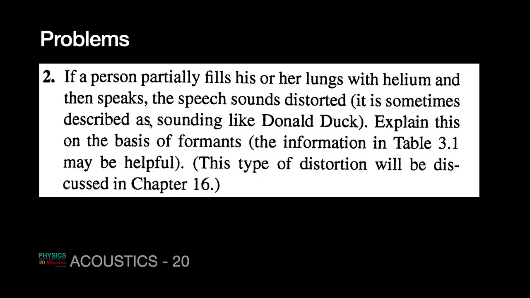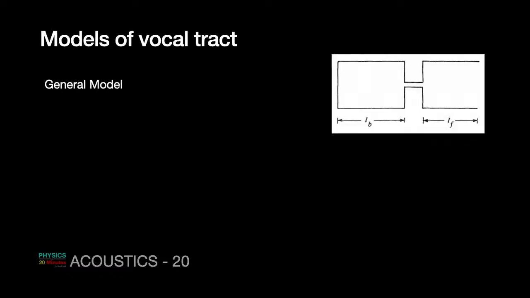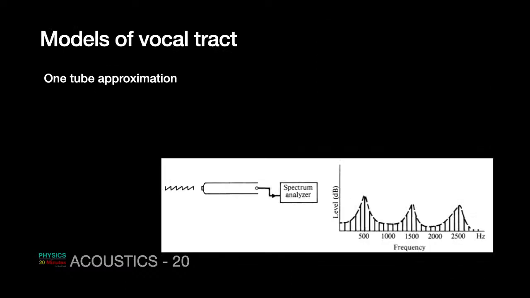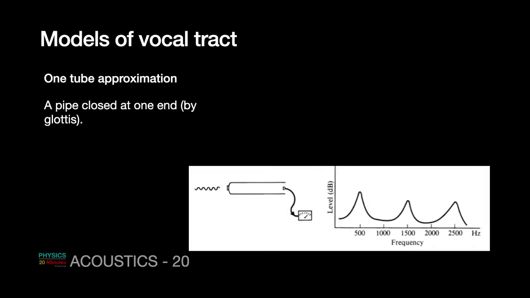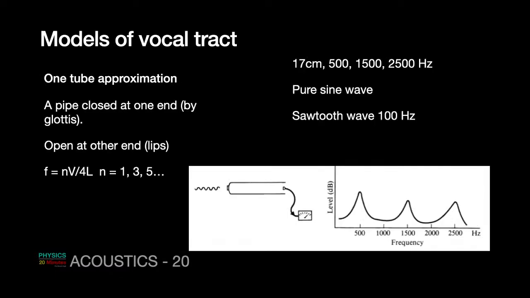So actually the answer is straightforward, not very challenging here. If you go back to the formula for the tube approximation that we saw, this formula involves a velocity. That's right, Atharva. The density of helium is less, so the speed of sound increases and the frequency increases.